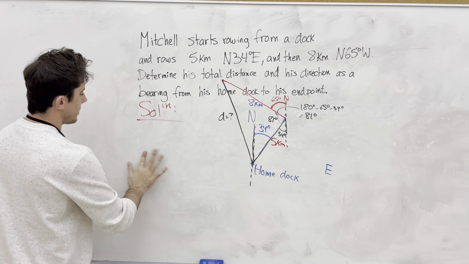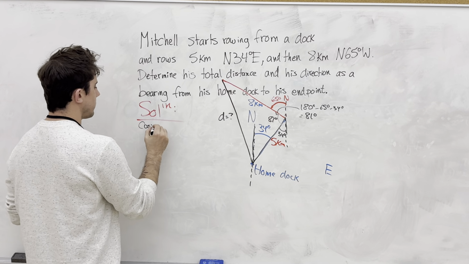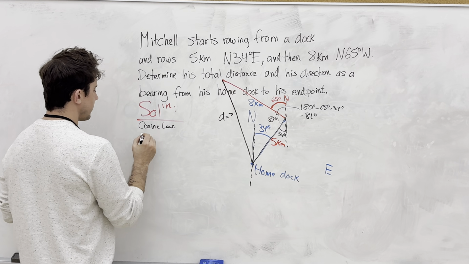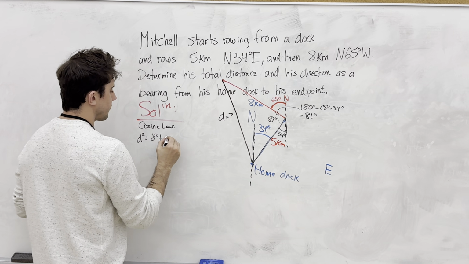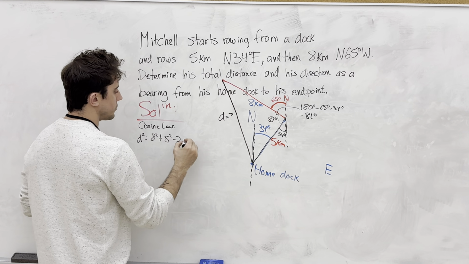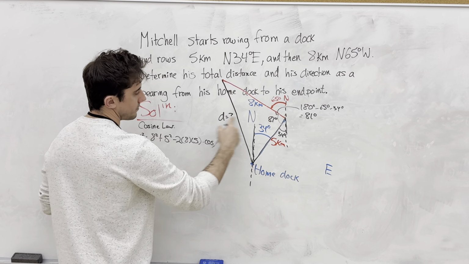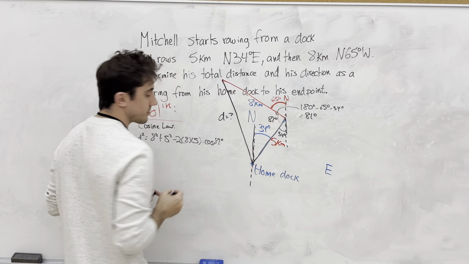I'll get rid of this west. So, using the cosine law, we can find D, because D squared is equal to 8 squared plus 5 squared minus 2 times 8 times 5 times the cosine of the opposite angle from it, i.e. cosine of 81 degrees.